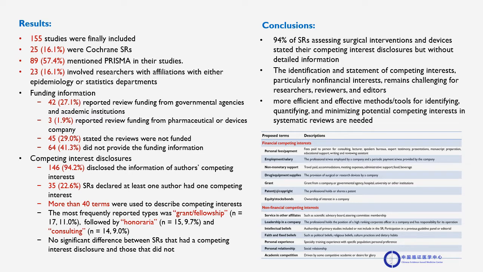The identification and statement of conflict of interest, particularly non-financial interest, remain challenging for researchers, reviewers, and editors. More effective methods or tools for identifying, quantifying, and minimizing potential conflict of interest in systematic reviews are needed.